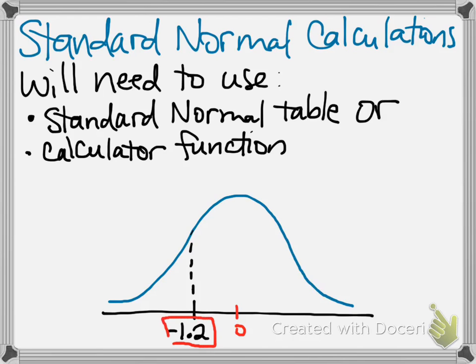What I want to do is figure out what percent of our data is going to fall below this z-score of negative 1.2. So again, there are two ways to do that. We can either use the standard normal table, like I just showed you how to do, or we can use our calculator. Again, I'll show you how to use the calculator in class tomorrow. So let's use the standard normal table for now. Again, our z-score that we're looking for is negative 1.2.